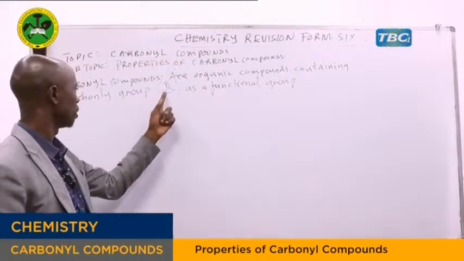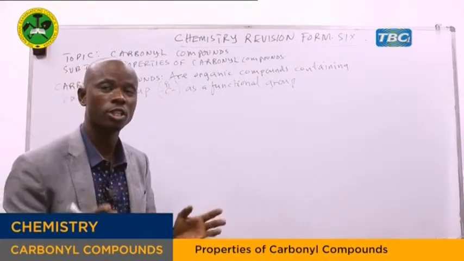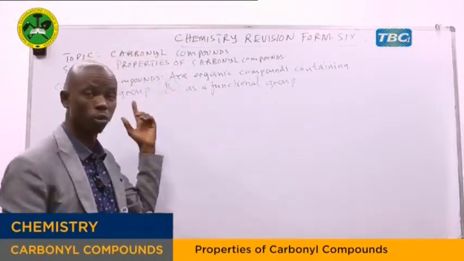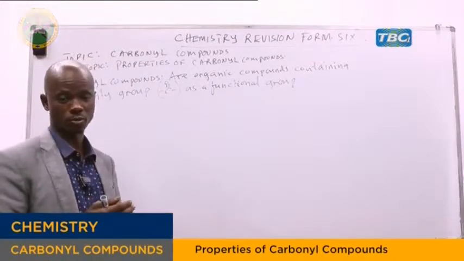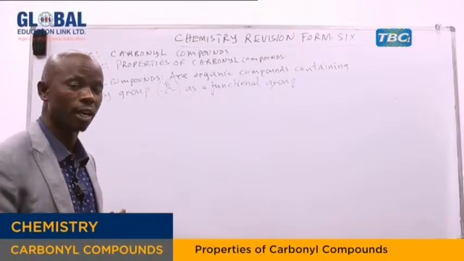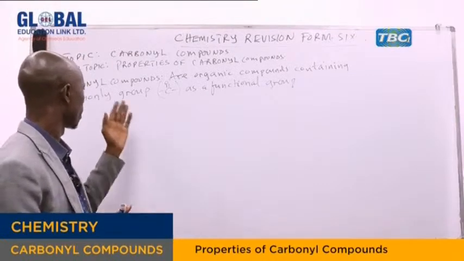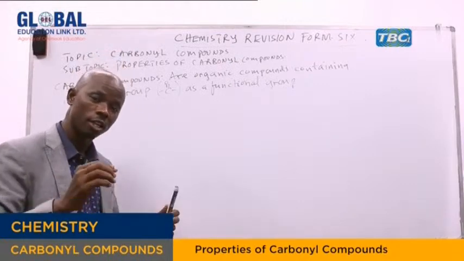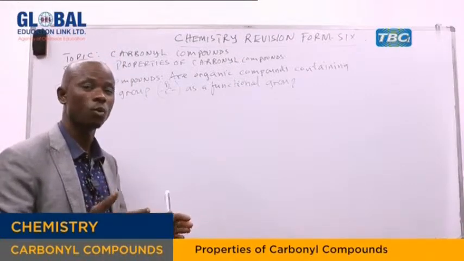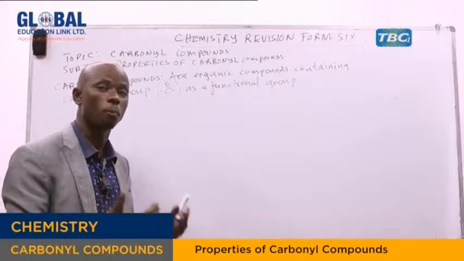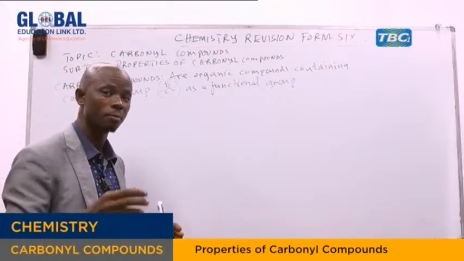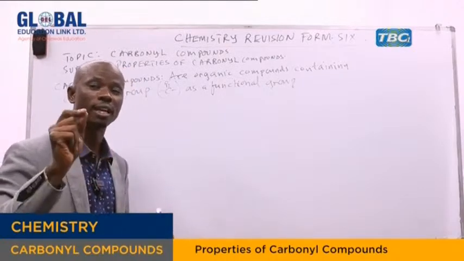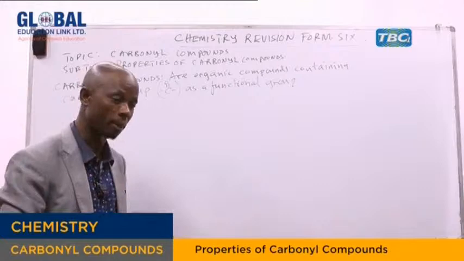So this carbonyl group carries all the chemical characteristics of these compounds, which are called carbonyl compounds. Now from there, my dear students, carbonyl compounds have two classes. Now let's see each class so that later we can deal with the chemical properties of these compounds. Remember, I have told you that specifically today I'm going to present to you the chemical properties of carbonyl compounds.